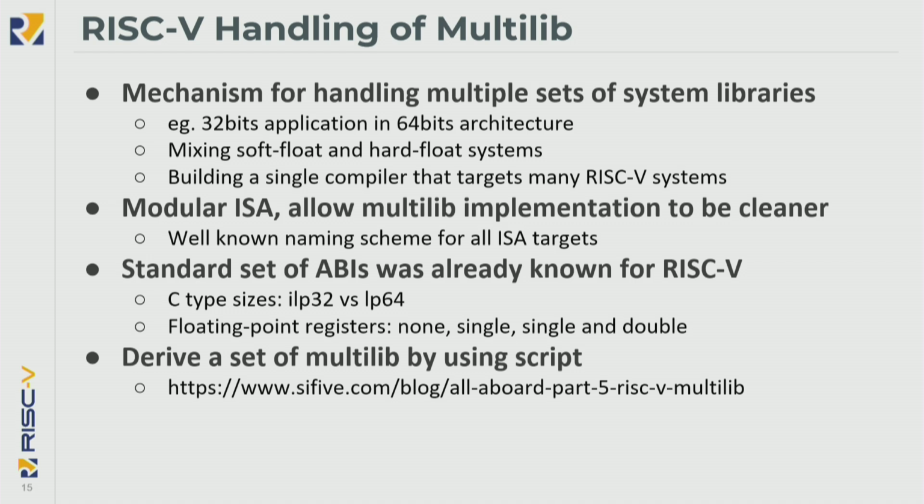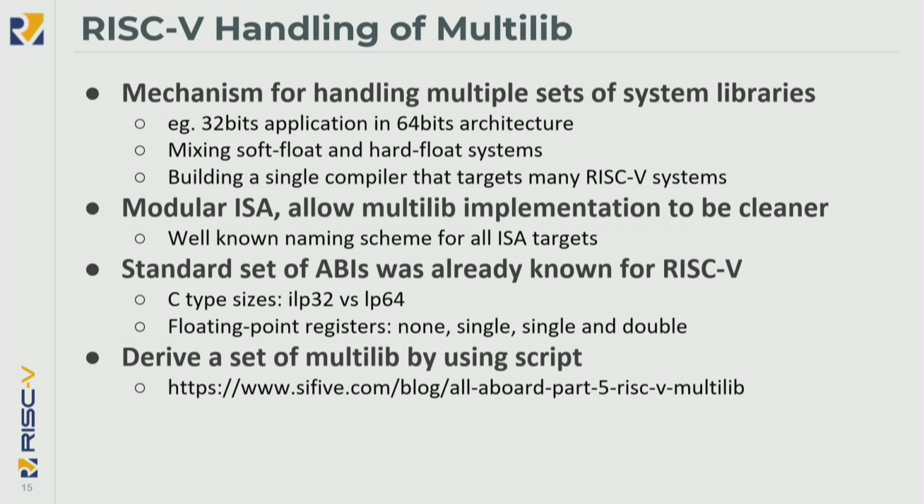What multi-lib gives you is mixing, for example, between a soft floating point library and a hard float one. And this allows you to build a single compiler that targets any RISC-V system. Because the RISC-V ISA is modular, it allowed the multi-lib implementation to be much cleaner, because all the naming scheme is already detailed in the ISA target.